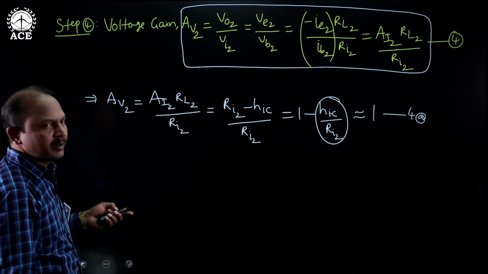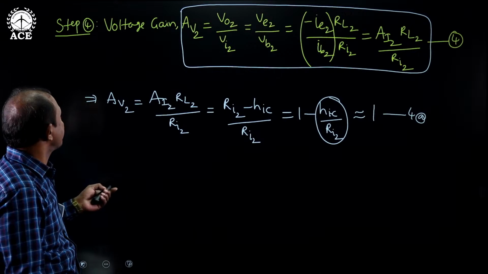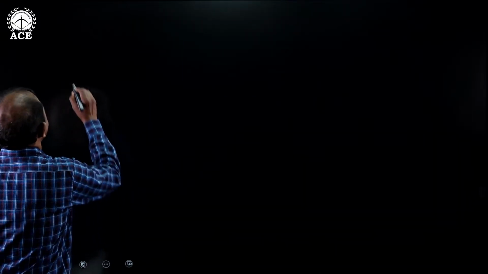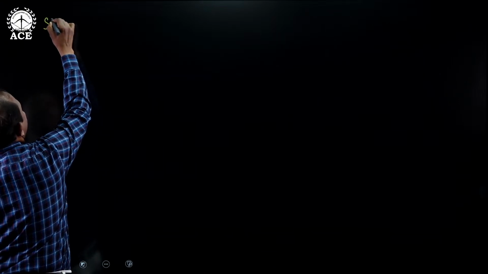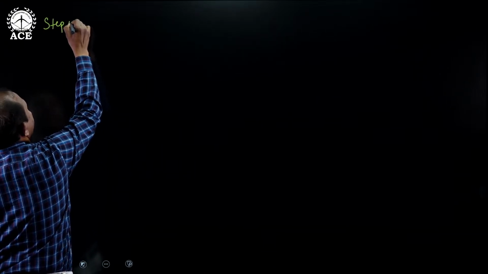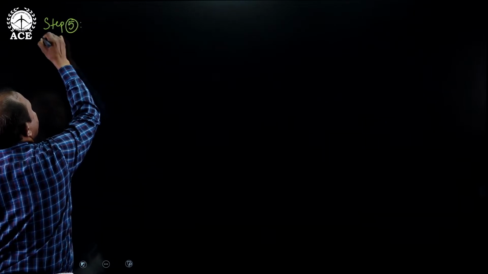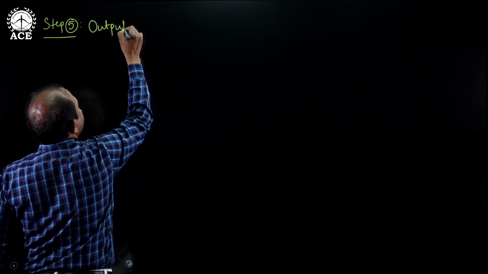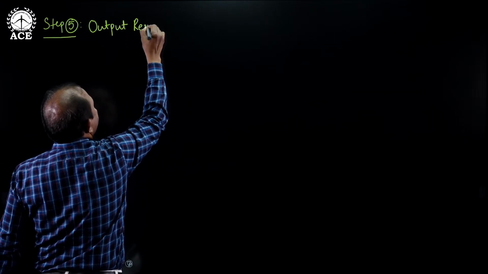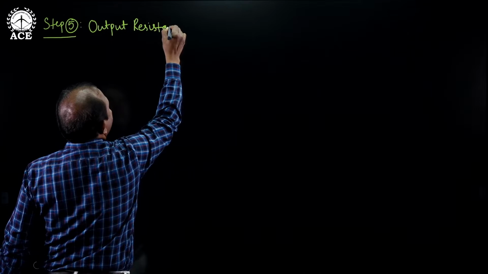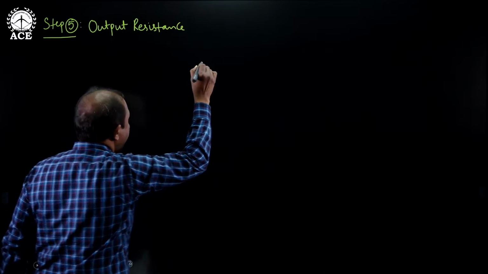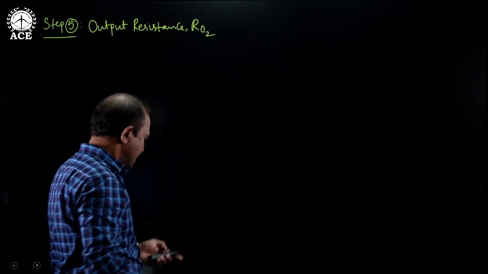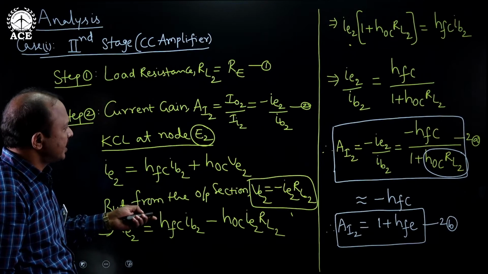Then, coming to the next parameter, output resistance. Step 5. Output resistance R02. Let's go back to the circuit.